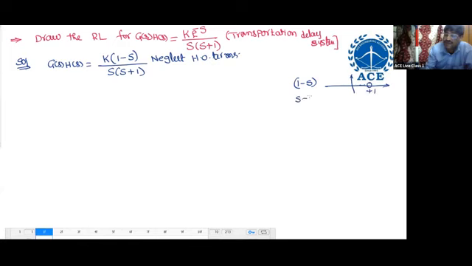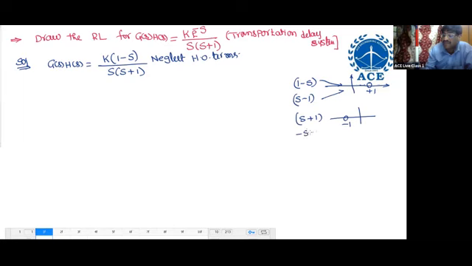For s minus 1, what is the location? Also plus 1 only. For both, plus 1 only. Not only this, if you take s plus 1, what is the location? Minus 1.